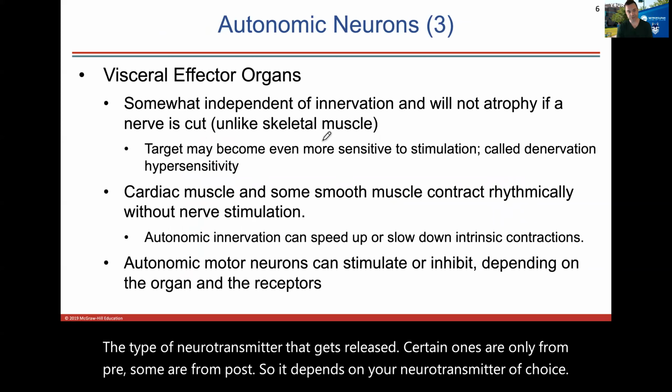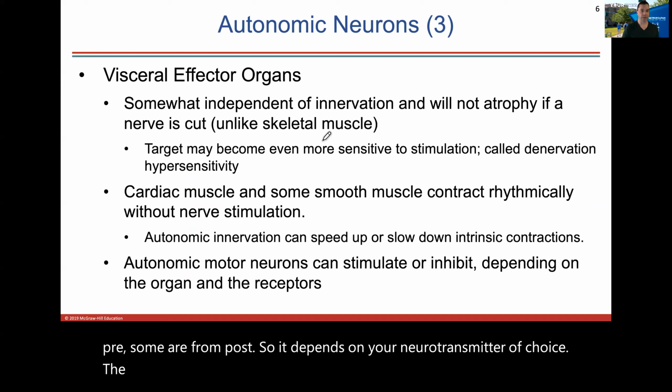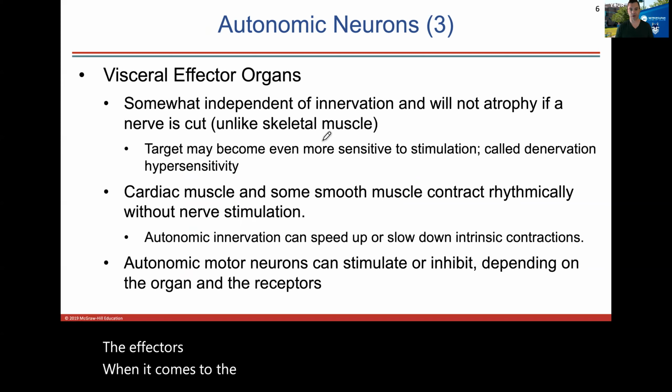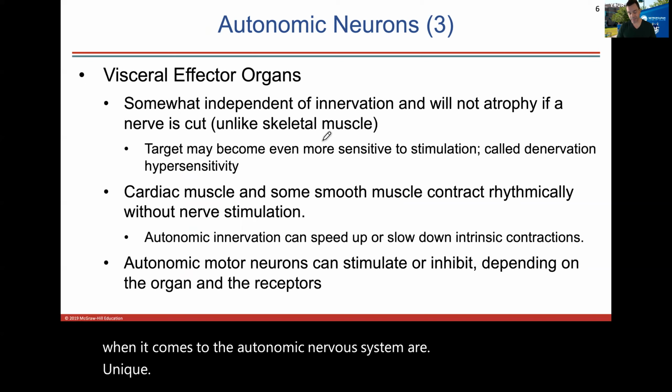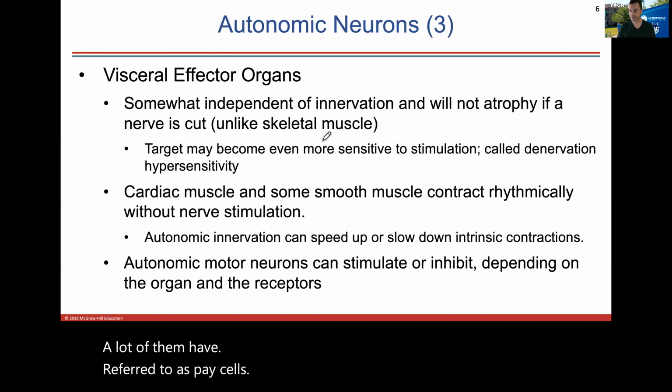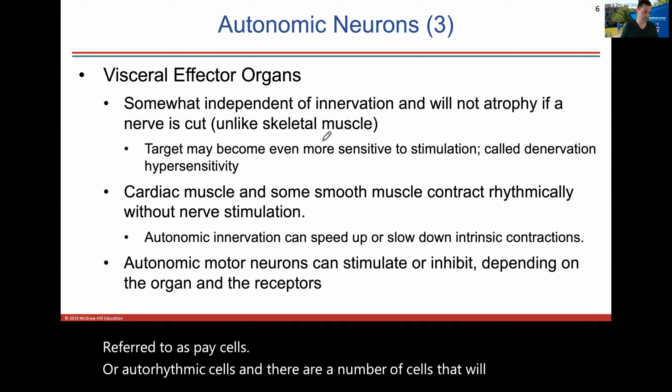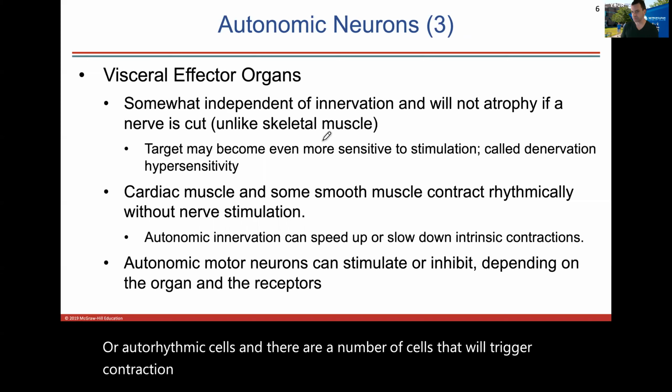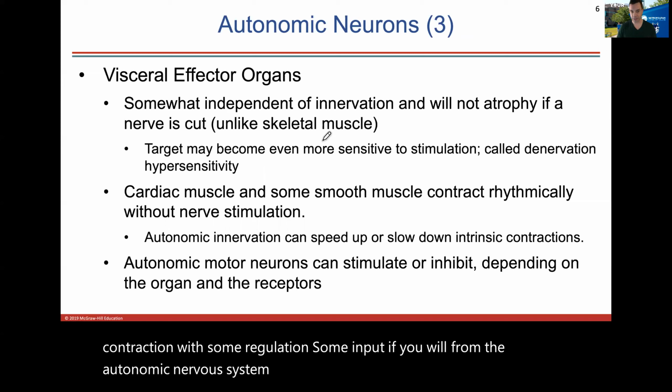The effectors, when it comes to the autonomic nervous system, are unique. A lot of them have what's referred to as pace cells or autorhythmic cells. And there are a number of cells that will trigger contraction with some regulation, some input, if you will, from the autonomic nervous system, from different receptors in the brainstem or other locations.